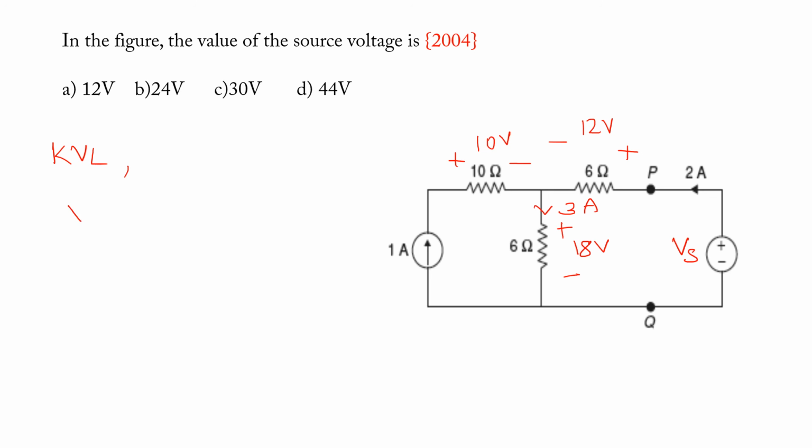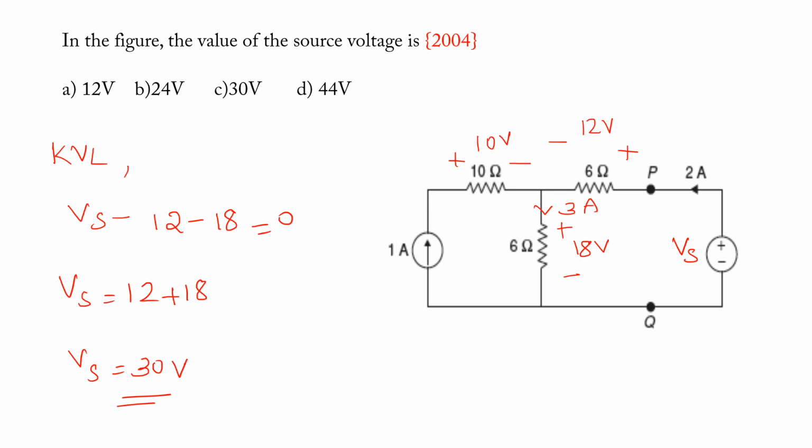We get Vs minus 12 minus 18 equal to 0, or Vs is equal to 12 plus 18, which is equal to 30 volts. So the voltage source value is equal to 30 volts. So we have got the answer.